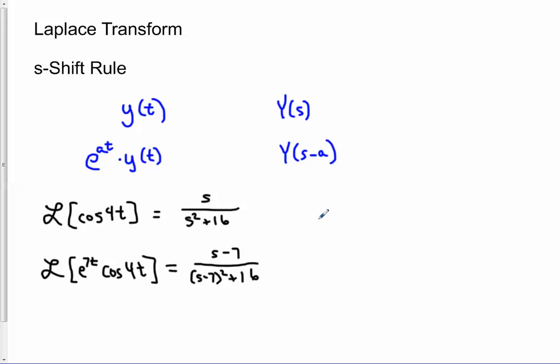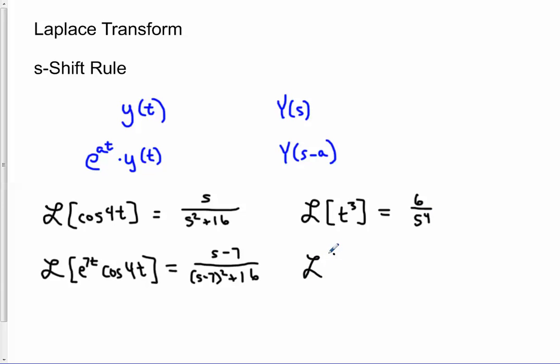Similarly, if we know that the Laplace transform of t cubed is 6 over s to the 4th, using the Laplace transform power function rule, 3 factorial over, and then 1 more power, 3 plus 1 is 4.